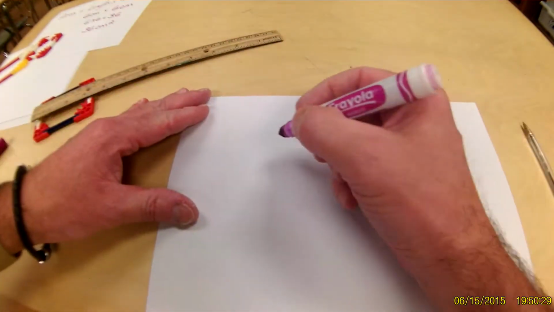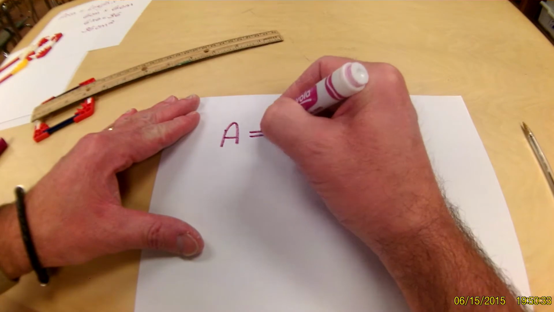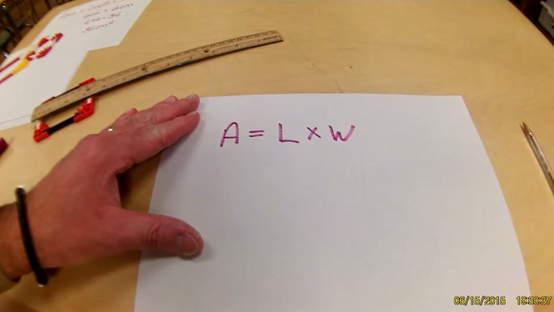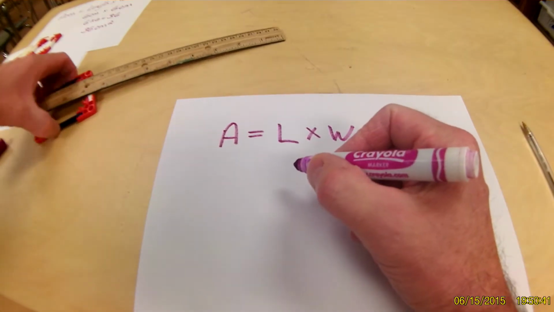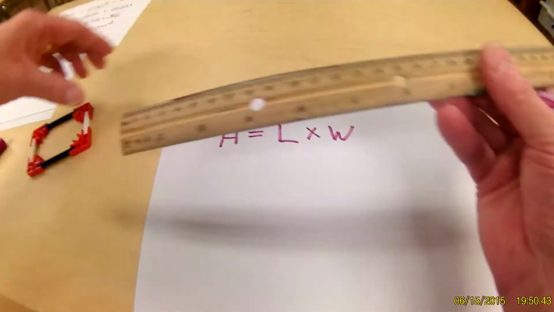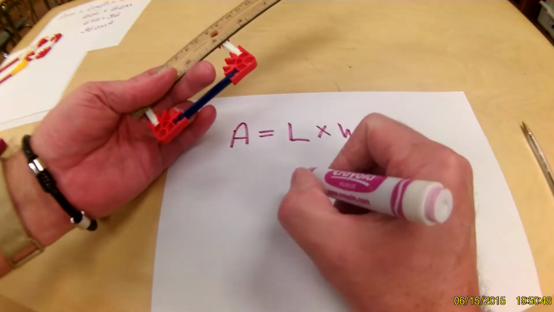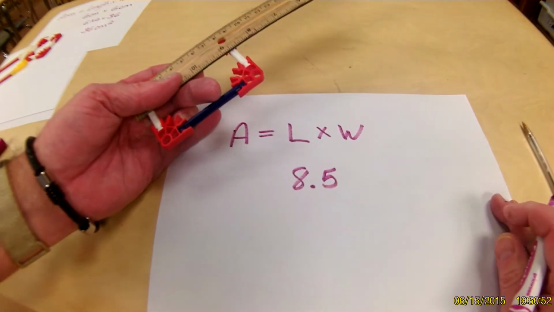So again, my formula for finding area is length times width. So my length in this case, for this shape, is going to be 8 5/10 of a centimeter.